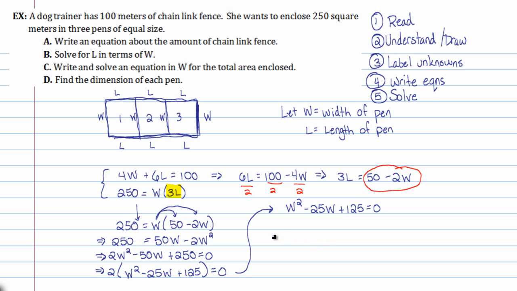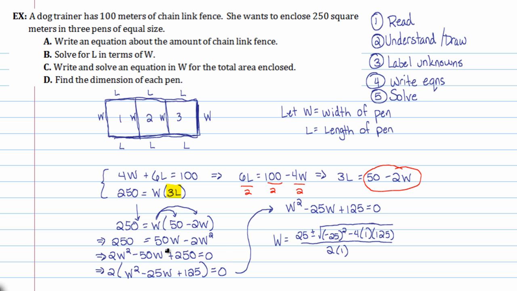Quadratic formula says that W is equal to the opposite of the coefficient on W. So in other words, a positive 25 plus or minus the square root of that B term squared minus 4A, and then C term here is 125. This is all being divided by 2A.